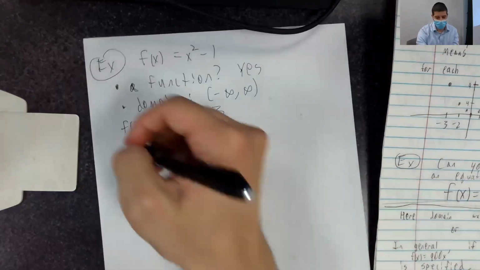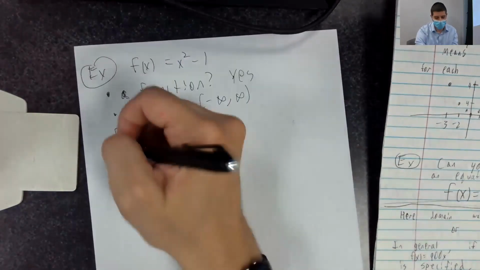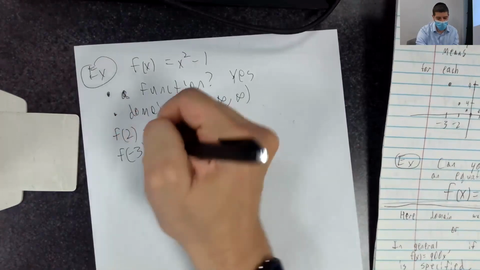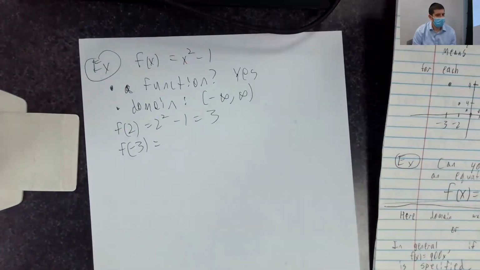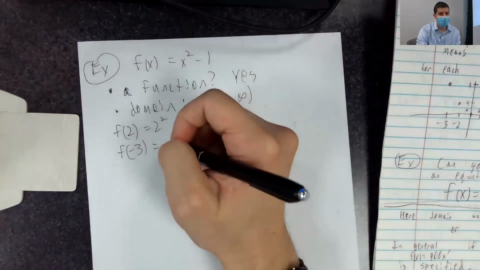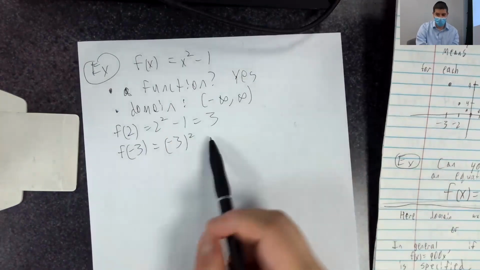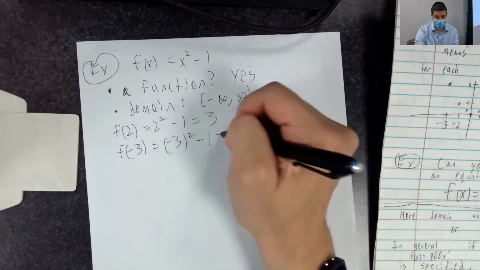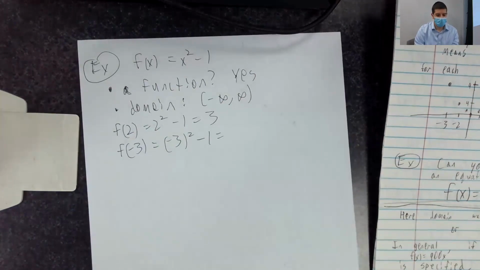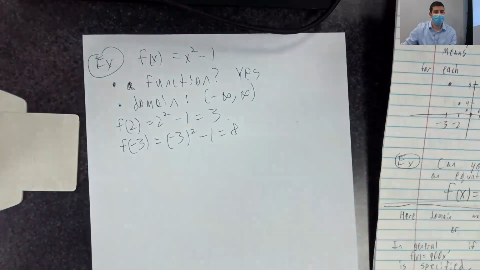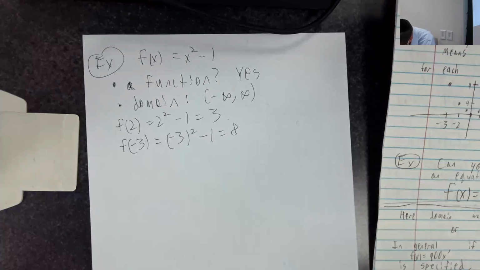Let's see if we could stump somebody. f of negative 3, how about that? 8. 8? How'd you do that? Negative 3 squared is 9. Yeah, the squaring is going on the negative, and what do I get? 8. Good. What's your name? Jonathan.